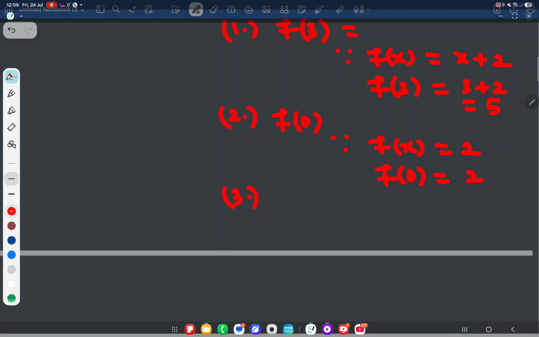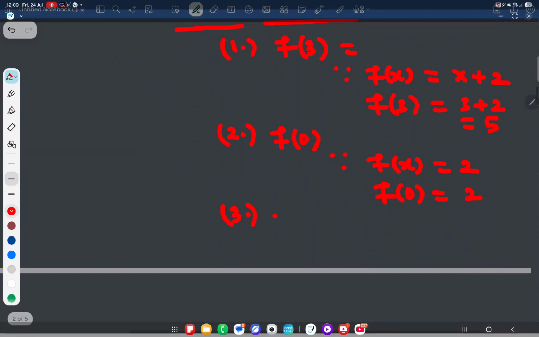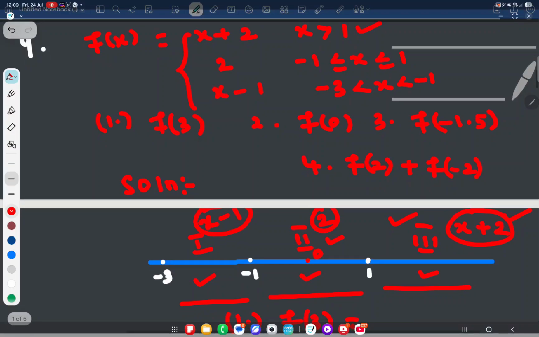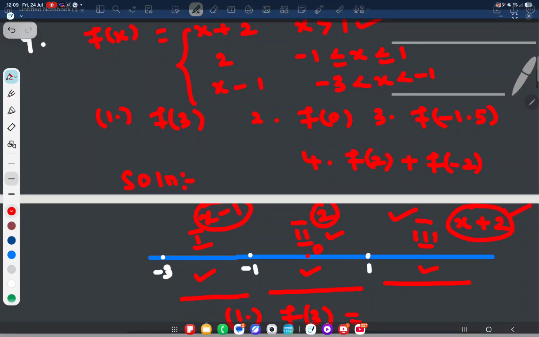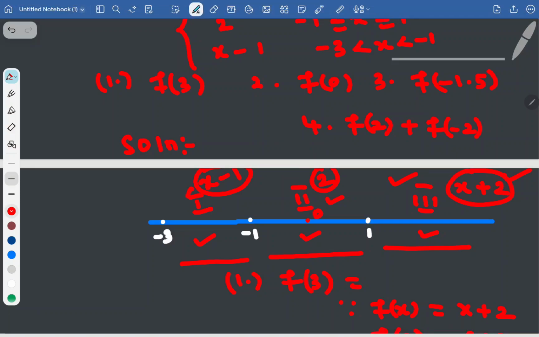Third subdivision. We have to find f of minus 1.5. f of minus 1.5 means first interval, because minus 3 less than x less than minus 1. Minus 1.5 means the point may be here.